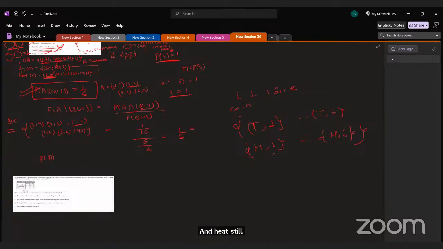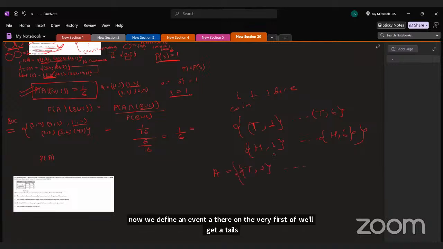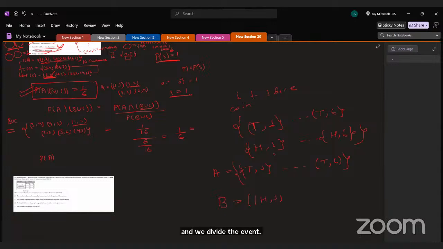Now we define an event A that on the very first toss we get tails, so we get all these outcomes, tails 1 till tails 6. And event B, that on the very first toss we get a head. So these two events have nothing in common. These are disjoint and mutually exclusive.